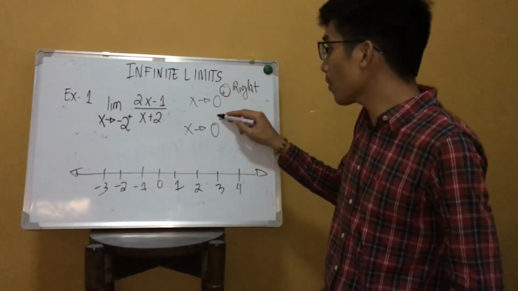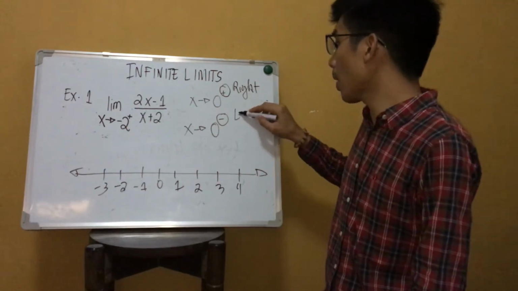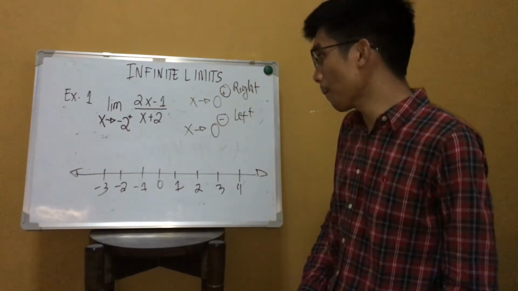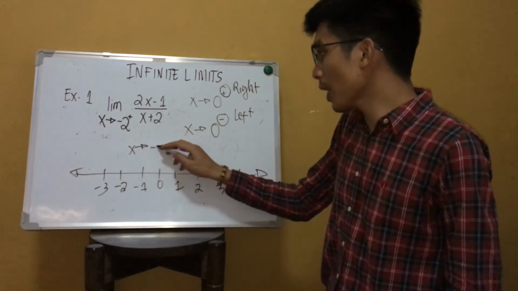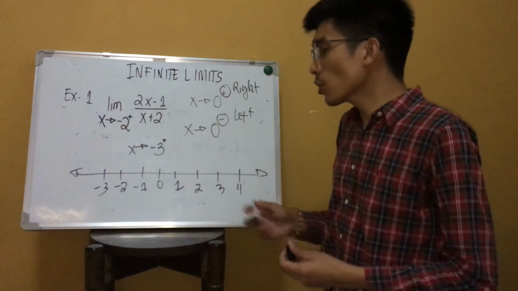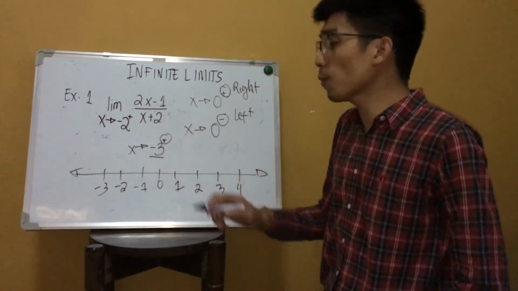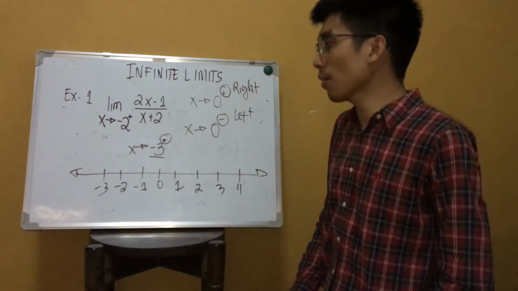A negative sign at the top of any number talks about the left of your number. Let's try one example. I am dealing with x approaching negative 3 plus. My number here is negative 3, and I have a positive sign at the top, meaning to the right of negative 3.